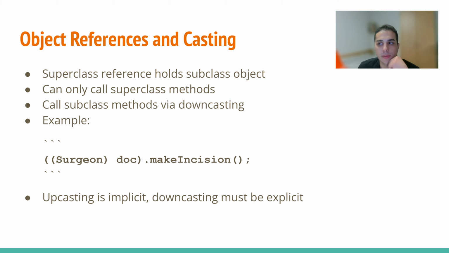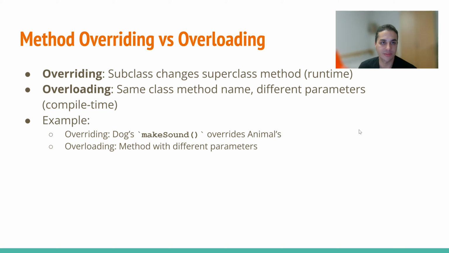For example, when we go back, the class Animal has a method called makeSound, and class Dog extends Animal and overrides makeSound to bark instead of the default sound. When you call makeSound on an Animal reference that points to a Dog, the Dog's override executes.